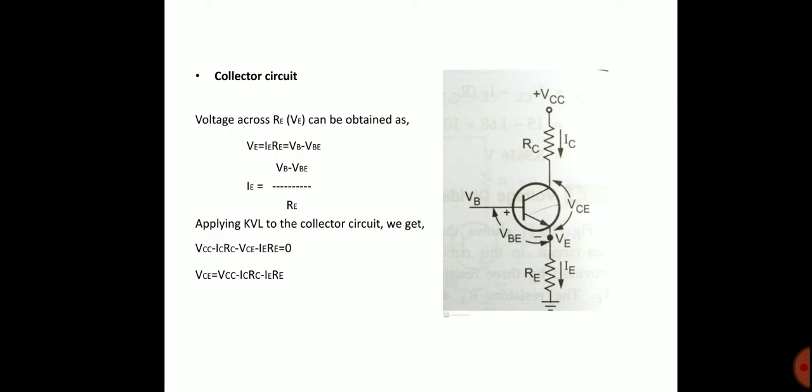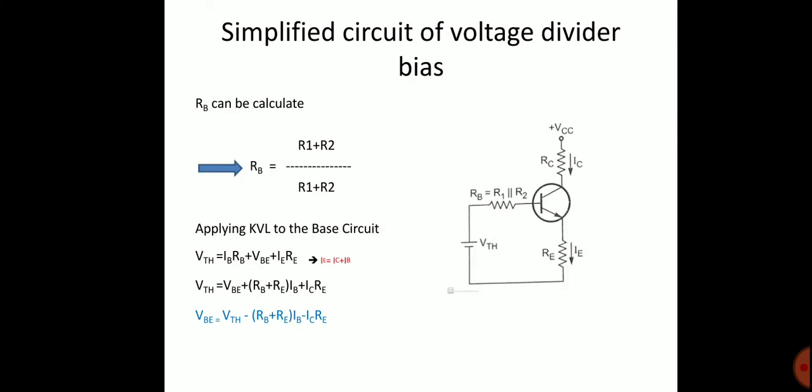Applying KVL to the collector circuit, we get VCC minus IC RC minus VCE minus IE RE equal to 0. So the final condition is VCE equal to supply voltage minus collector current times collector resistance minus emitter current times emitter resistance.